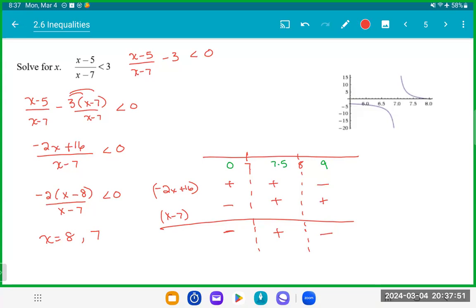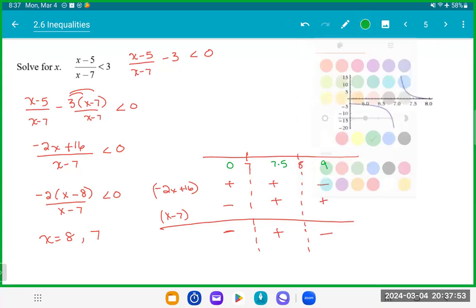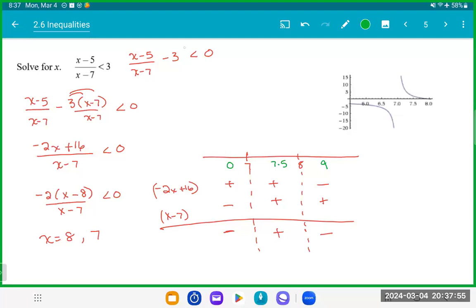Okay, so this problem was asking us, where are we less than, right? So where are we negative without equality? So that means these values will have hollow or parentheses because the equality doesn't exist.